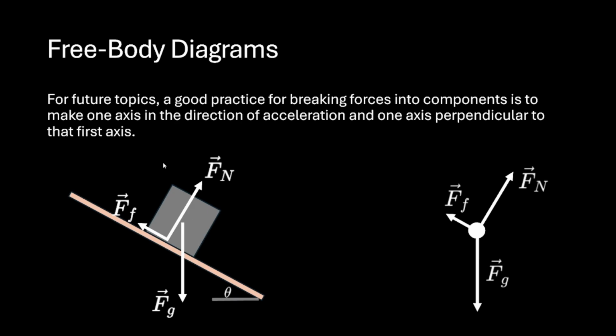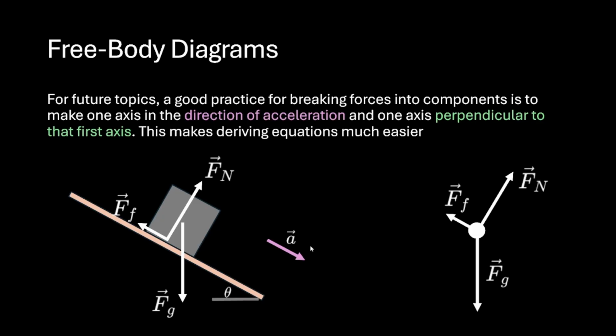So if we analyze the system here, we can clearly see that the object will accelerate in the direction of the incline. So we'll define it as a purple line here. So we make one axis in the direction of acceleration. So this is the one axis, and the other axis in green will be perpendicular to that one.